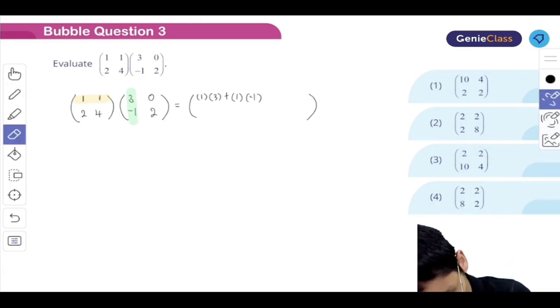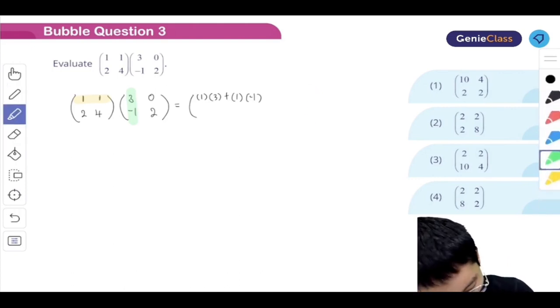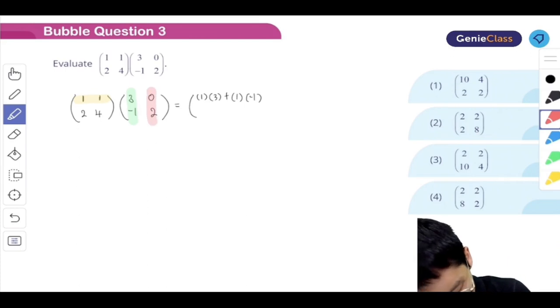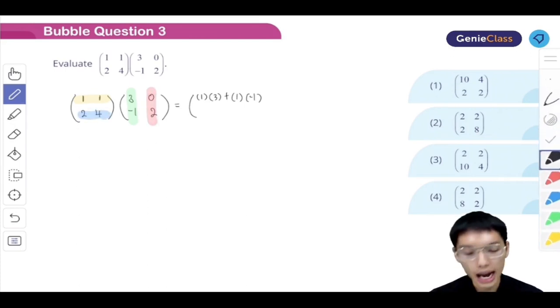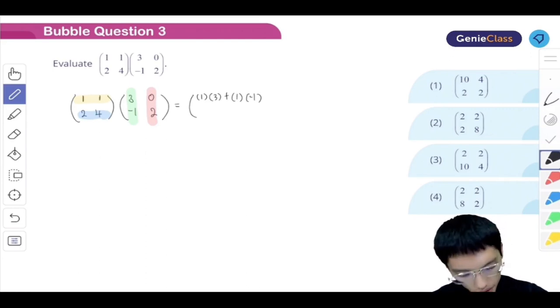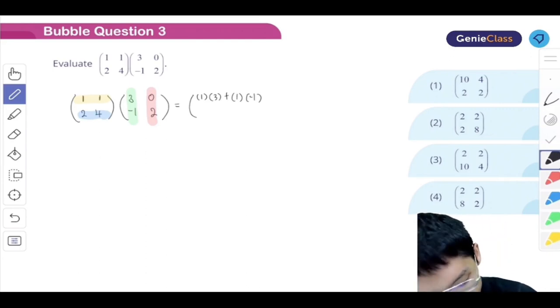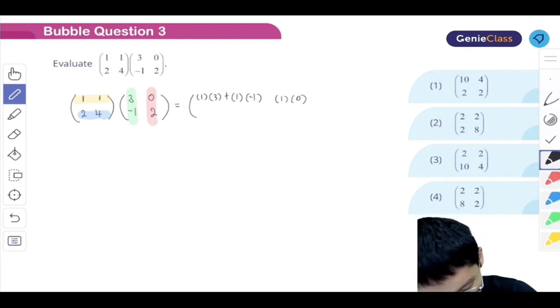Following the same thing over here, what will I get for the next one? Let me just color code for the rest so that it's easier for me to use the colors. So next one, I want the first row, second column. So it's going to be multiplying the yellows with reds. So it's going to be 1, 0, 1, and 2.